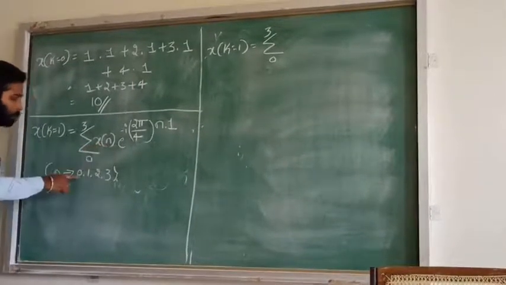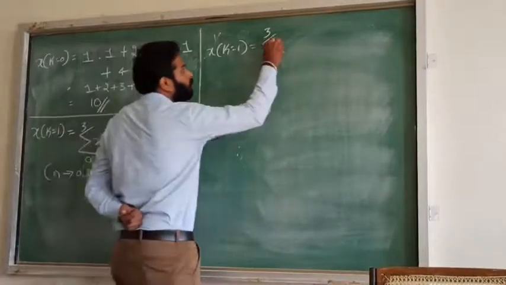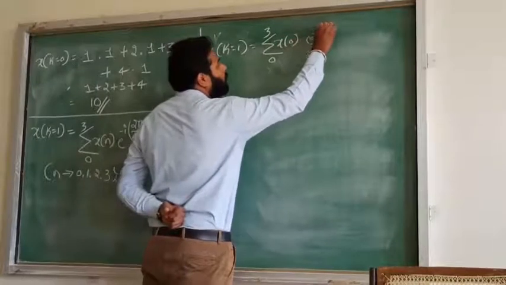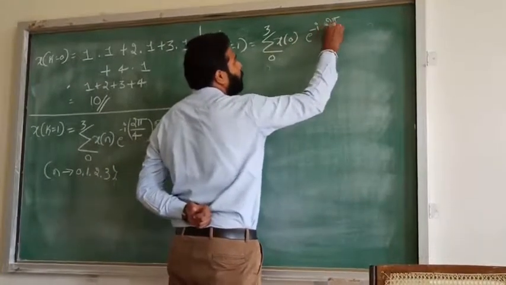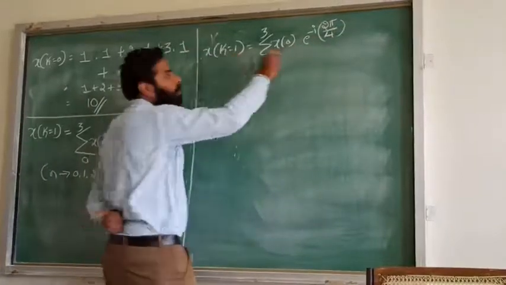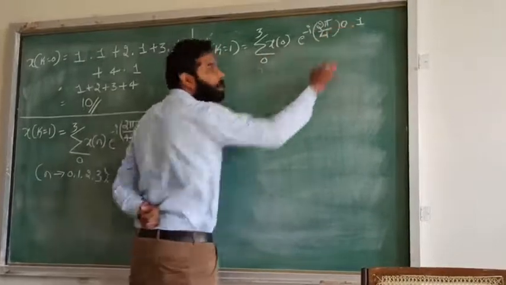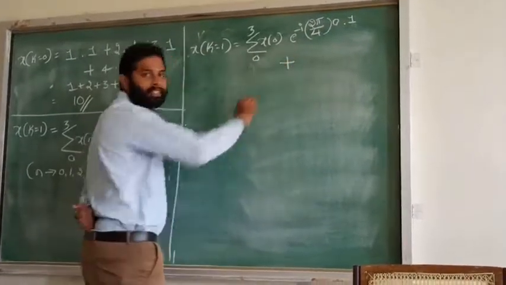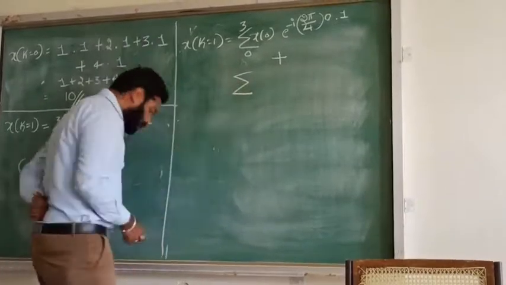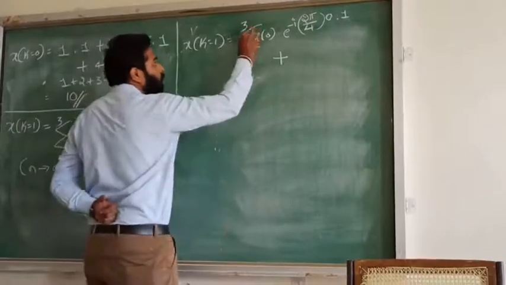Now in place of n we put first 0, then 1, then 2 and then 3. First x of 0, so x of 0 e raised to minus i 2 pi divided by capital N, that is 4, into n into k. Now k is equal to 1. Now we are putting n is equal to 0, so 0 into 1 plus, just go on writing, only the summation I have written one time. So this is complete one.